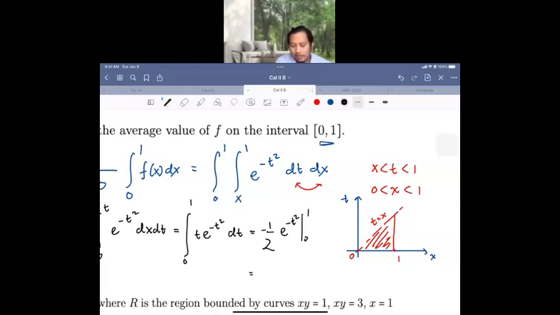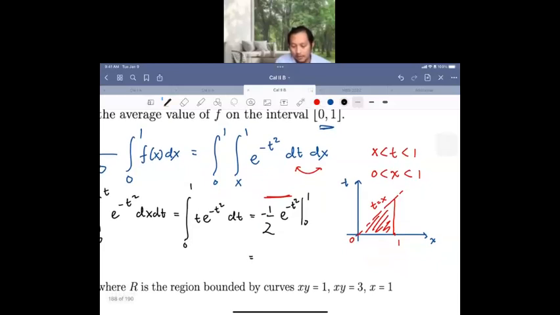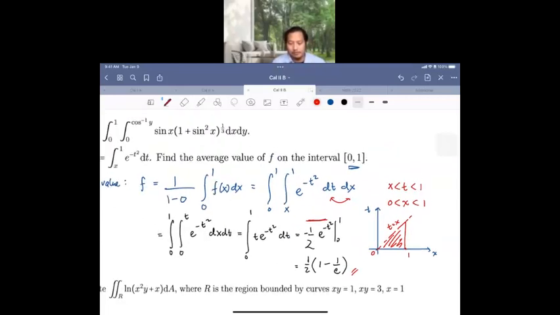Or just guessing, and I believe this is supposed to be easy to calculate. And we have half, 1 over e, like that. Okay. That's for the average value.